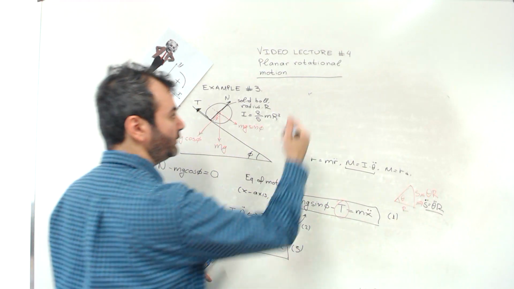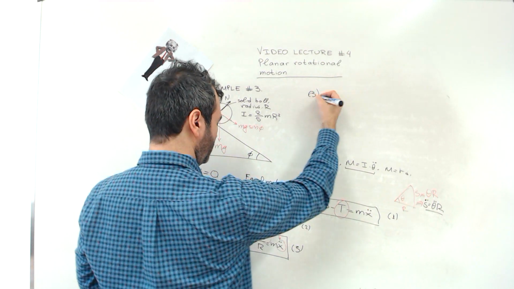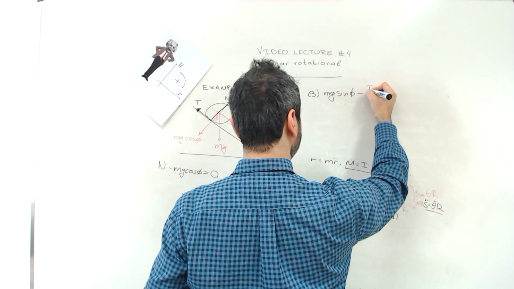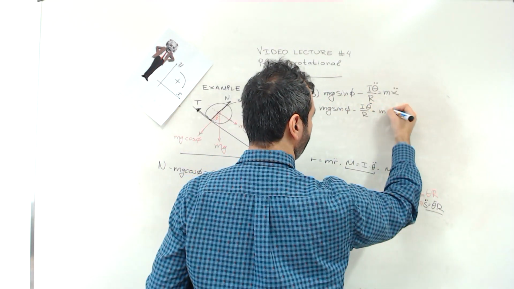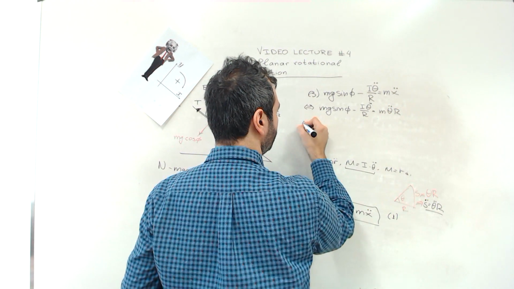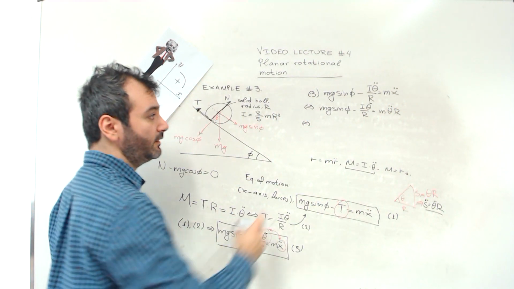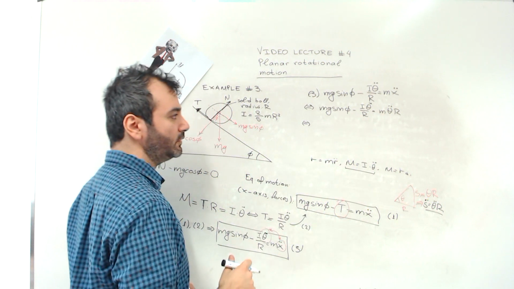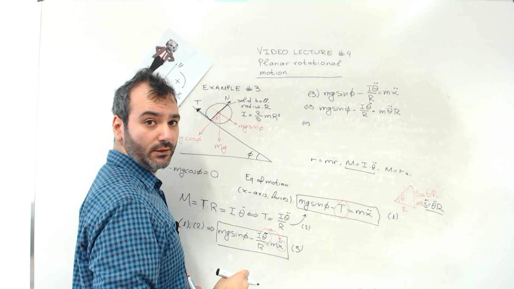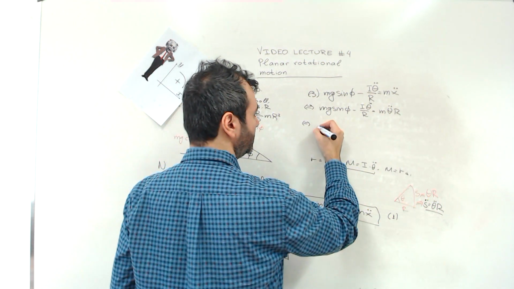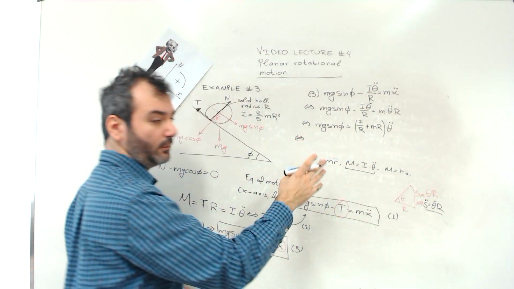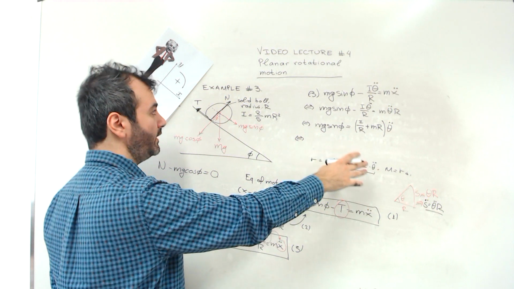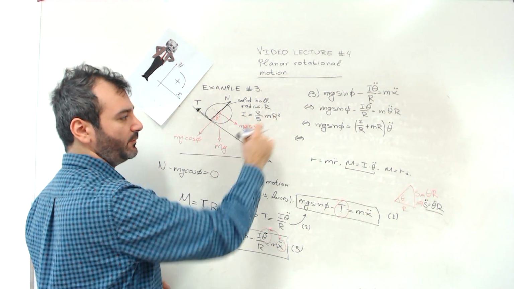So I'm continuing from equation number 3. So here we are, theta double dot, theta double dot. I will move all theta double dots on the right hand side. I will now substitute I with this value, 2/5 mr squared.